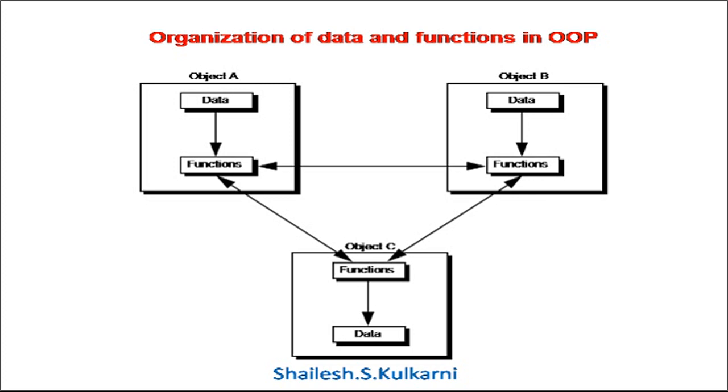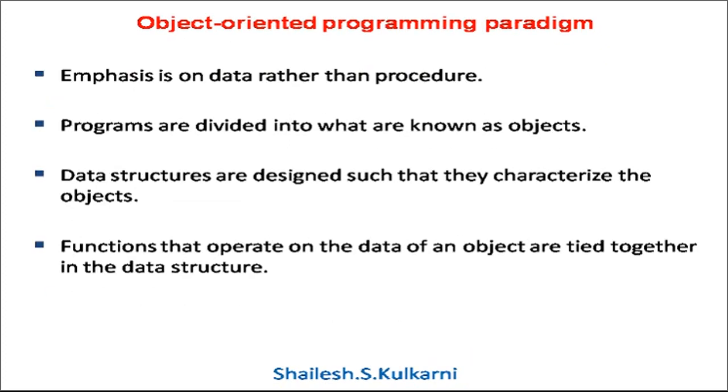There are three objects interacting with each other, right? Now if we add one more object, still the system is intact. There is no problem with that. Or if I remove one object, let's say object C, still this system will work, because object A and object B know how to interact with each other. That is the advantage of having an object oriented system, right?